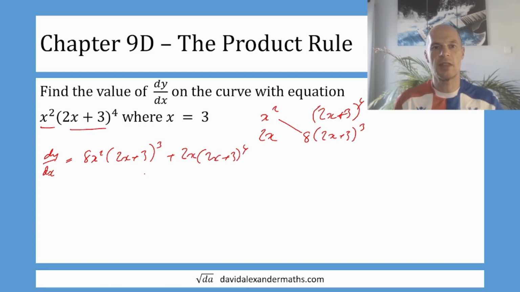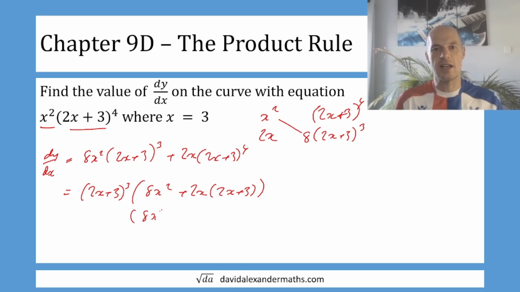Now we can just substitute 3 into this formula, or we can factorise. I'm going to factorise just for a bit of extra practice here. So that's going to be 8x squared plus 2x lots of another 2x plus 3, which is going to be 8x squared plus 4x squared plus 6x, which is 12x squared plus 6x.